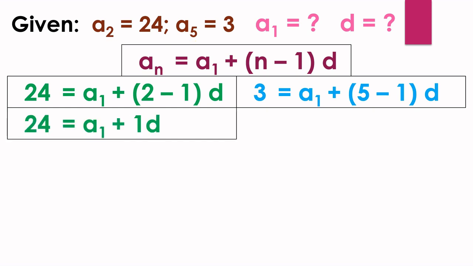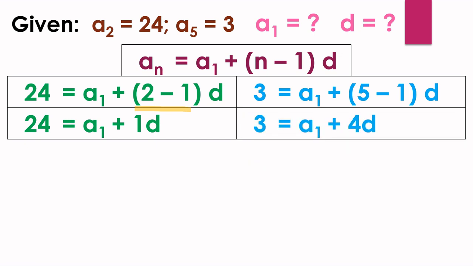From the first equation, 24 is equal to a sub 1 plus 2 minus 1, that is 1 times d. For the second equation, 3 is equal to a sub 1 plus 5 minus 1, that is 4 times d.